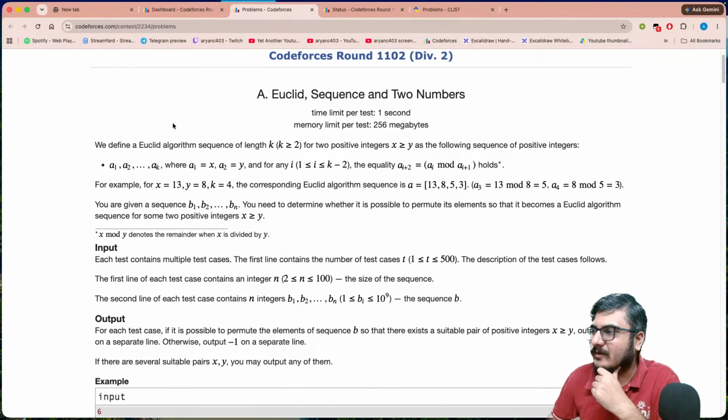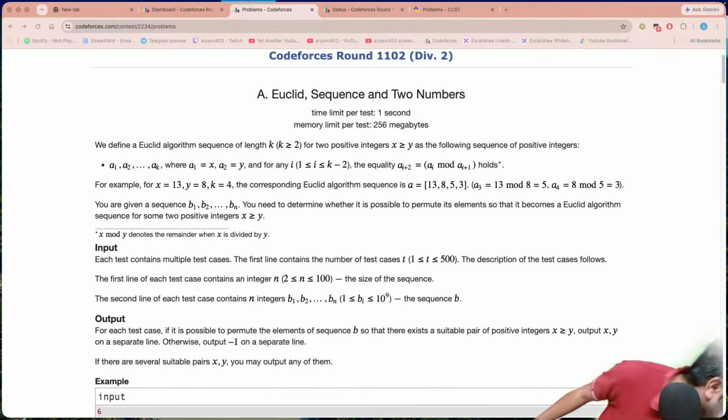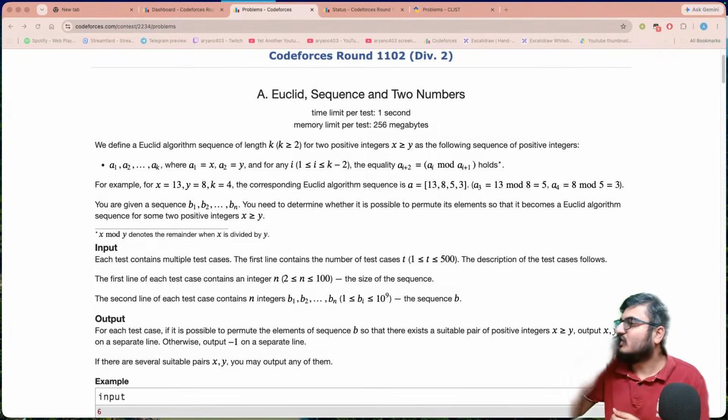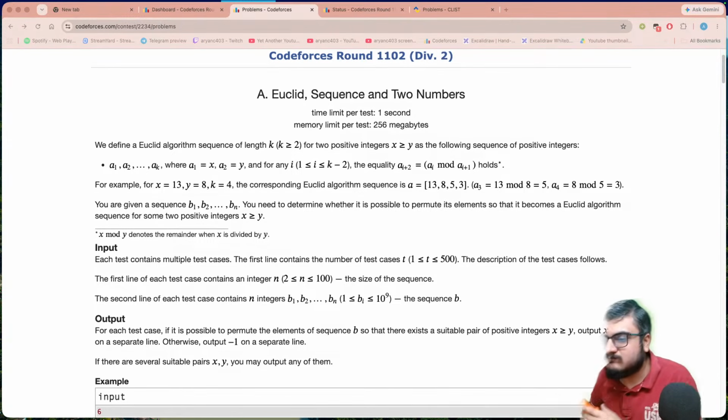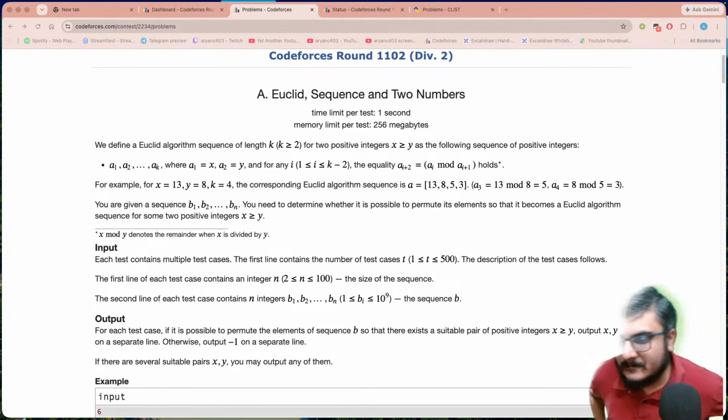Any questions, anyone, on problem A? Then we will jump on to problem B. Yeah, we can also sort in decreasing order and then check.